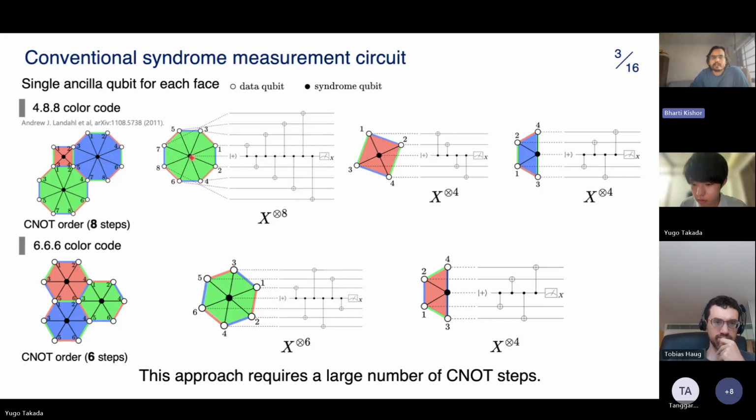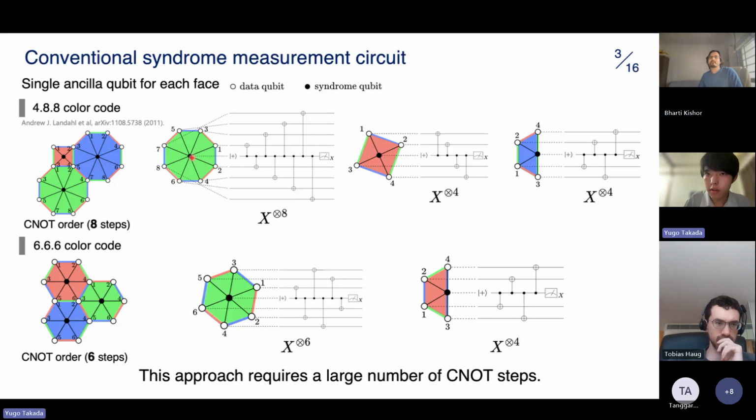You can start with some code and Floquetify it, and the Floquetified version will have smaller weight check operators. For example, using ZX calculus, I think some people from Berlin managed to Floquetify the color code. It would be nice to see how your work compares, for example the weights that you have, in case you want to comment about that.